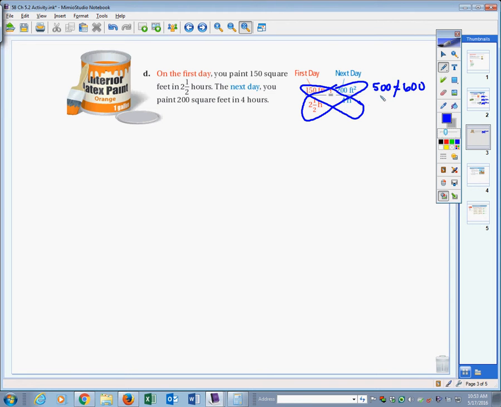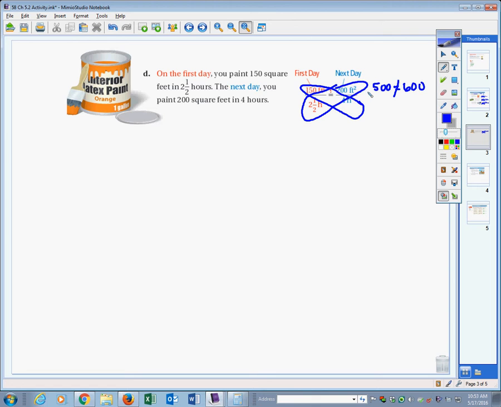Here's where it can get a little confusing. But remember, confusing does not make it impossible, right? So I'm going to go ahead and look at what we could possibly change. Now, do you think we should change the 200 or the 4?